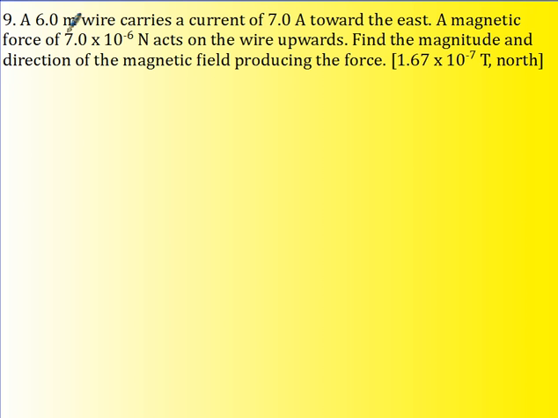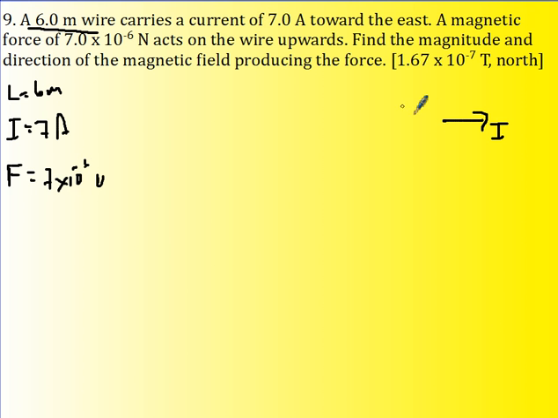Now, a 6-meter wire, so L is 6 meters, carries a current of 7 amps toward the east. So I is 7 amps, and I is going east. A magnetic force, F, of 7 times 10 to the negative 6 newtons acts on the wire upward. So F is upward. Find the magnetic field producing this.